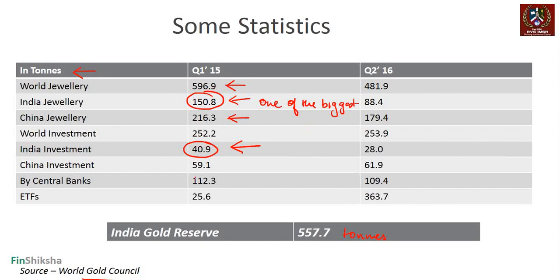So that's the key to understand: as a country, we have a lot of affinity to gold, which has repercussions on our foreign exchange reserves. But from an investor's perspective, it's an instrument that saves money in dollar terms, even if your rupee depreciates versus the dollar.